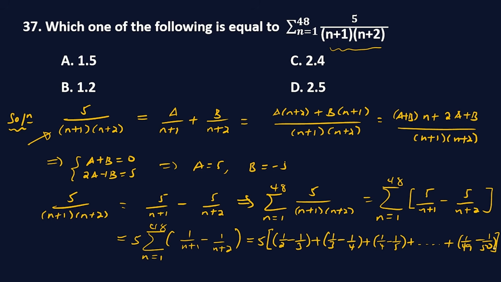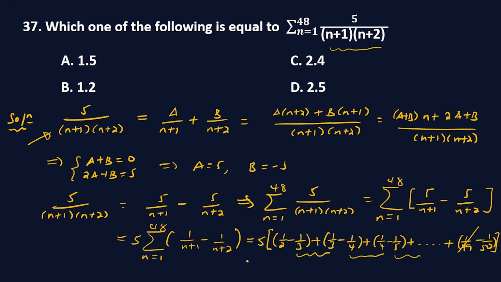Okay አሁን በደንብ እዚች ጋር ኖቲስ ልናደርግ የሚገባው ነገር: there are so many terms which can be cancelled out. Okay, minus 1 over 3 በ1 over 3 ይጣፋል, minus 1 over 4 በ1 over 4 ይጣፋል, next 1 over 5 የሚል ነገር ስላለ እየተጣፋፋ ይሄዳል እስከ 1 over 49 ድረስ. ለምንድነው 1 over 49 የሚጣፋው? 47ኛውን ተርም ካየን it becomes 1 over 48 minus 1 over 49 ስለሆነ. So using the cancellation process, the only terms that remain in the bracket will be 1 over 2 minus 1 over 50.